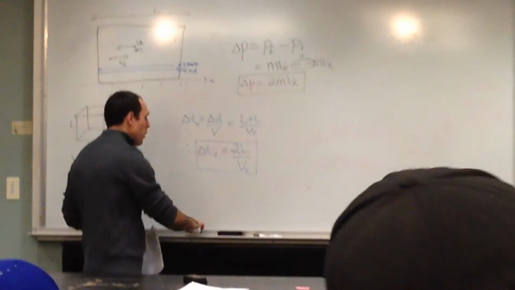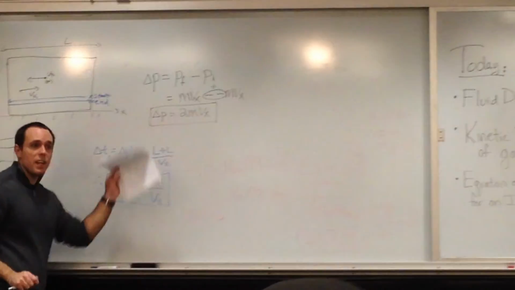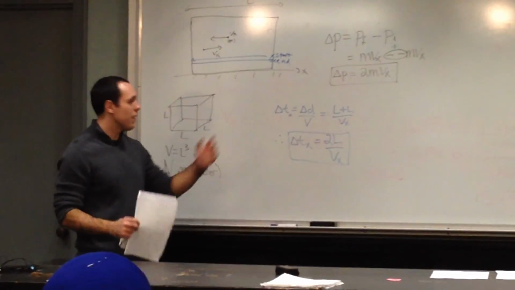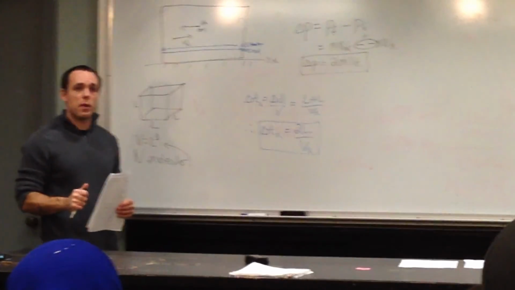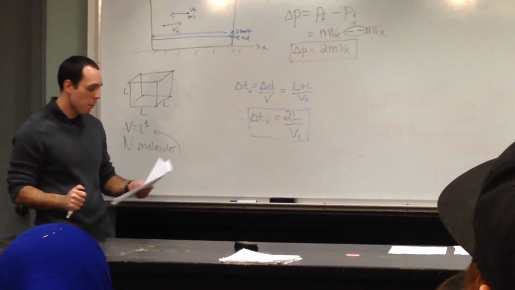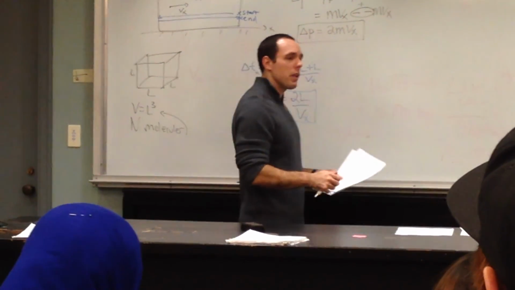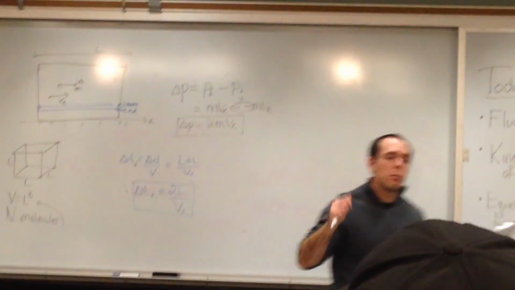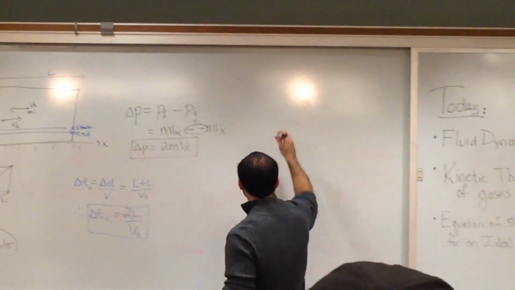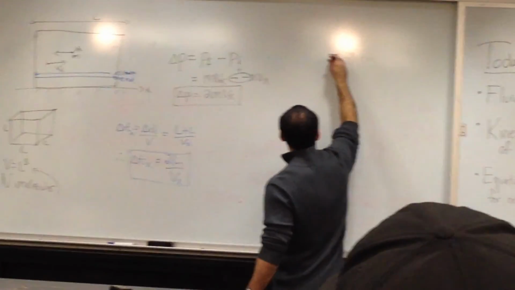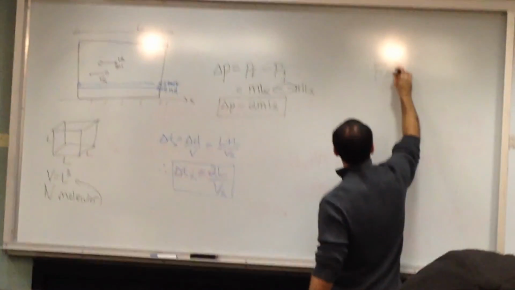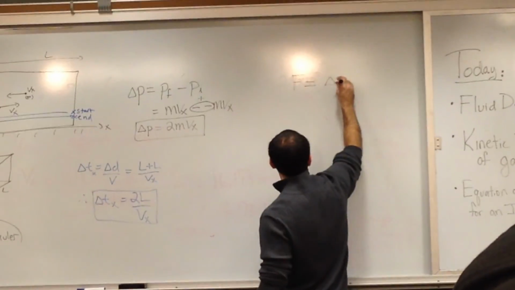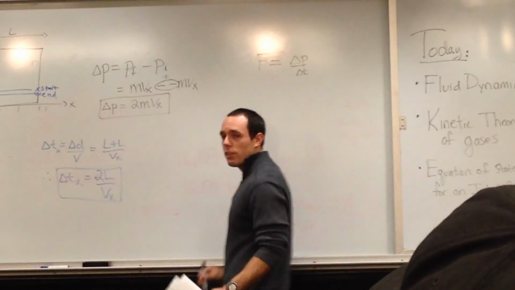So I haven't done anything new. These are all just from definition of momentum, definition of, say, relationship between velocity, distance, and time. But now let's get back to what we learned when we first talked about momentum, as Newton wrote it. Newton wrote, in reality, force is equal to change in momentum over change in time.